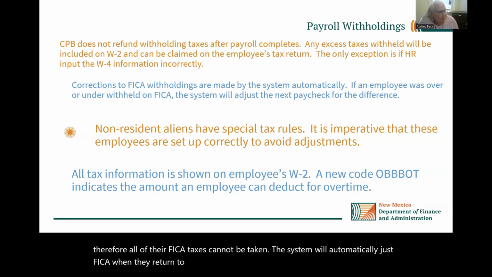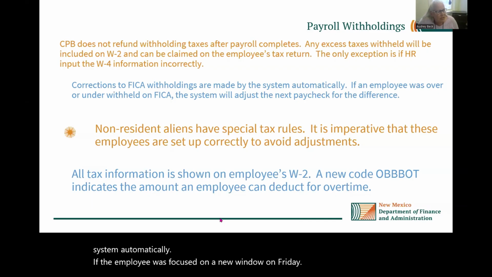So corrections to FICA withholdings are made by the system automatically. If an employee was over or under withheld on FICA, the system will adjust it in the next paycheck. Again, the non-resident aliens have special rules, and it is imperative that these employees are set up correctly to avoid any adjustments that need to occur.